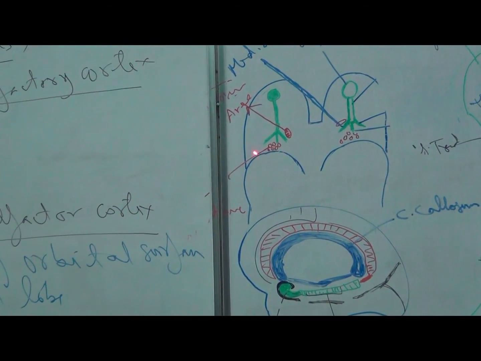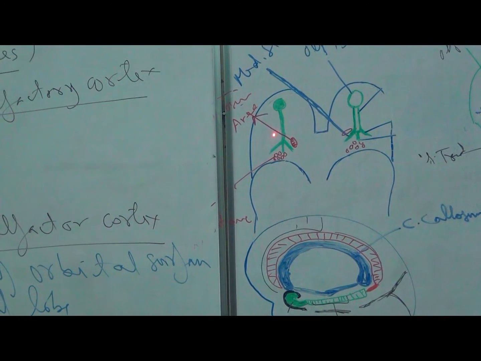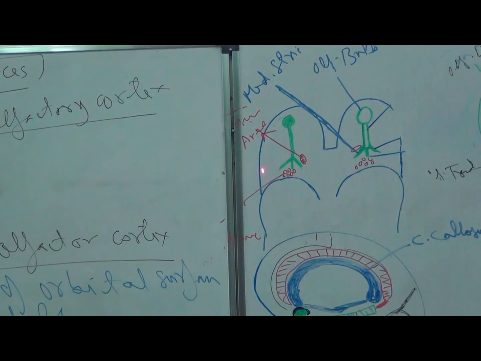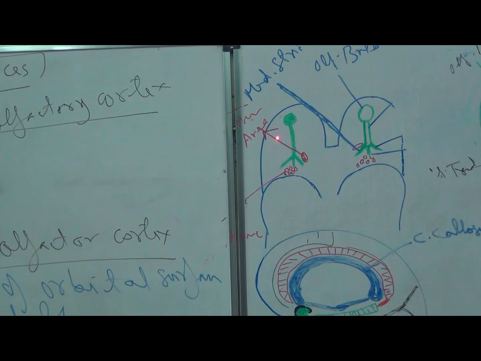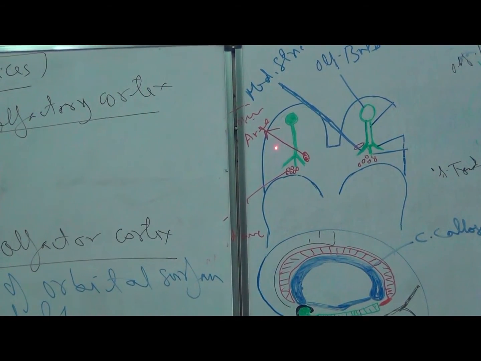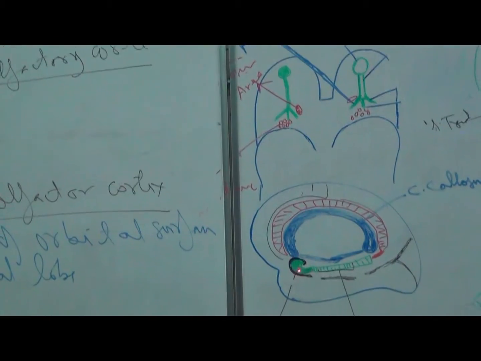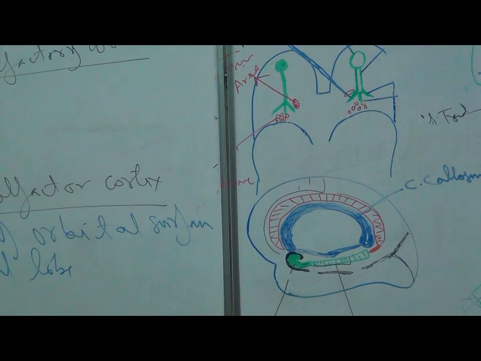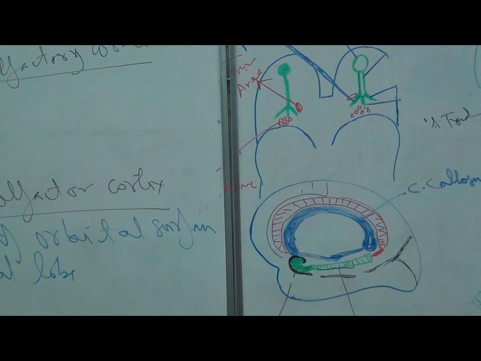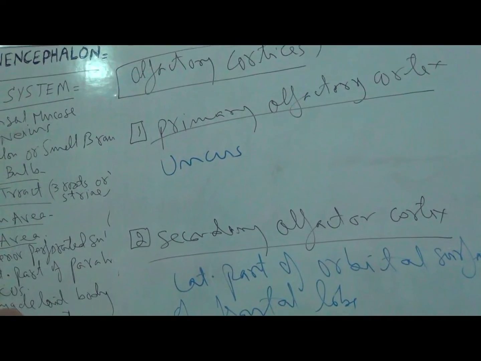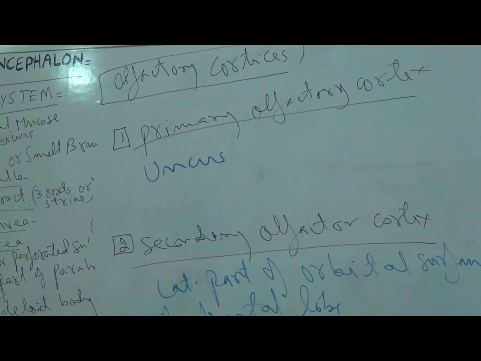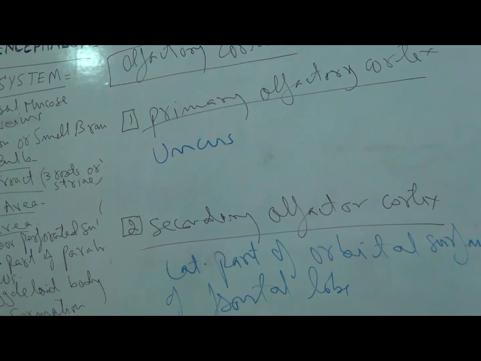This is orbital part of the frontal lobe. So here the lateral part of the orbital portion of the frontal lobe, this is secondary olfactory cortex. And here I have shown the uncus, which is the primary olfactory cortex. The uncus forms the bulk of the piriform area of the Rhinencephalon.